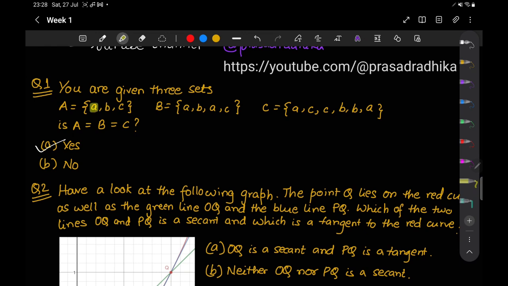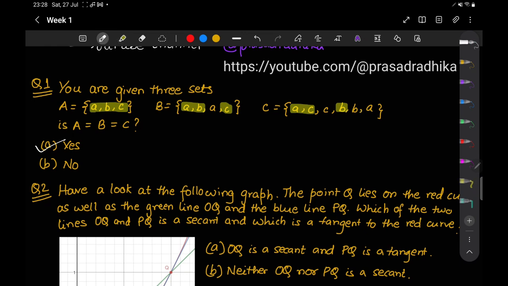So if you look at distinct elements, it is A, B, C. So you have A, B, and then A is repeated but C. Then you have A and C over here, then C is repeated, then B is repeated again, A is repeated again.